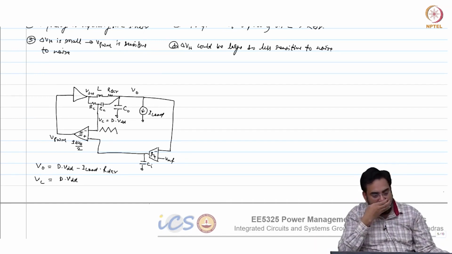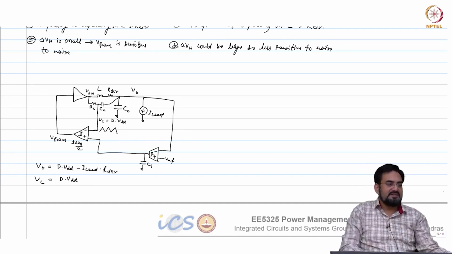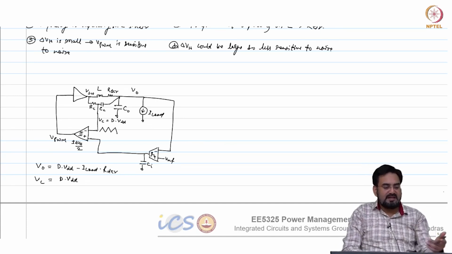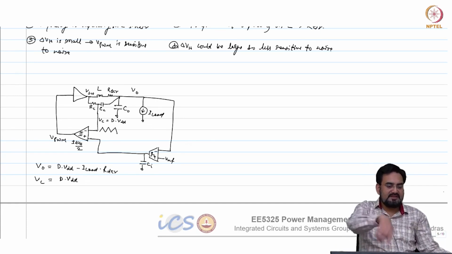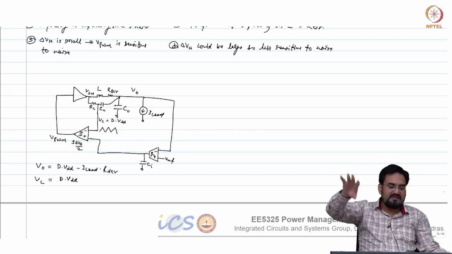Vc won't change? No, it will change. You have a capacitor connected between V out and Vc, the Cc cap. So any high frequency change will get reflected into Vc. But it will depend upon that RC value, how much coupling it gets from V out to Vc, and the frequency of the transient.